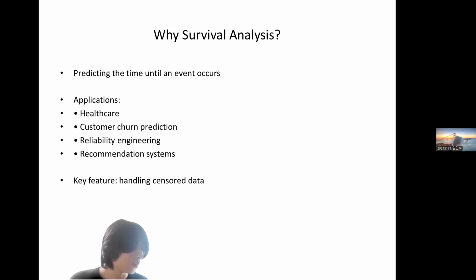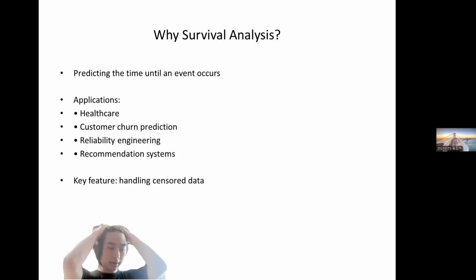One important feature of survival data is censoring. For example, imagine we are studying customer churn. Some users may still be subscribed at the end of the observation period. In that case, we do not know the exact churn time, but we still know that they survived at least until the final observation date.